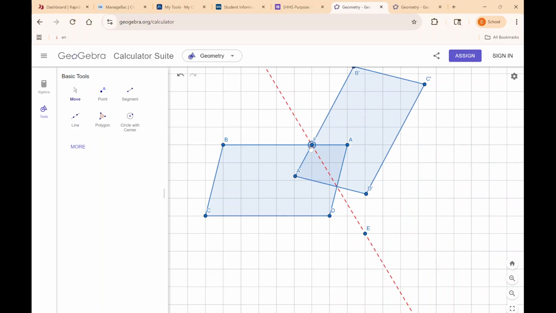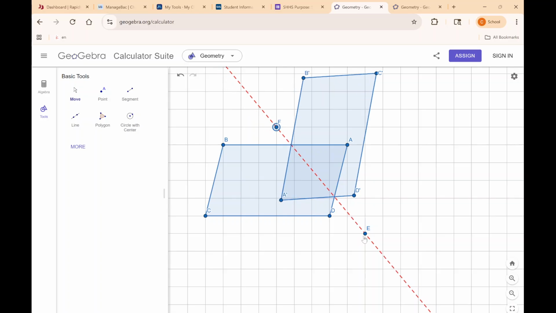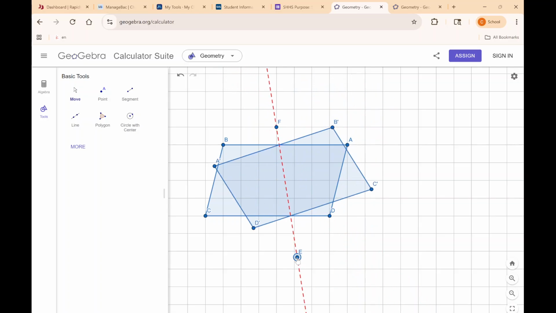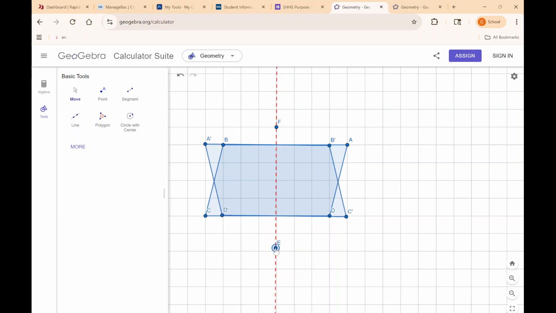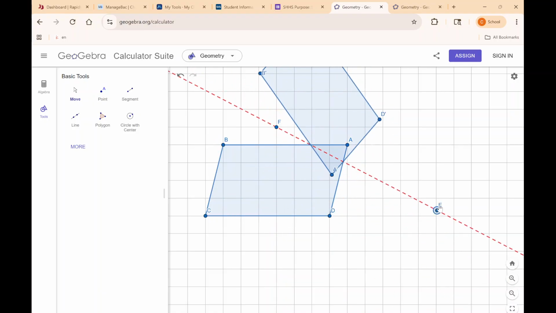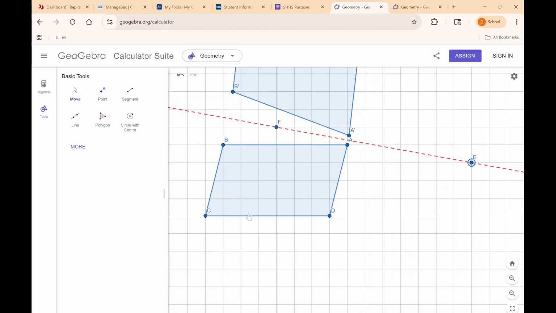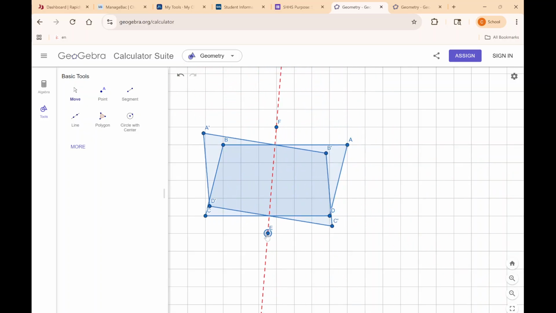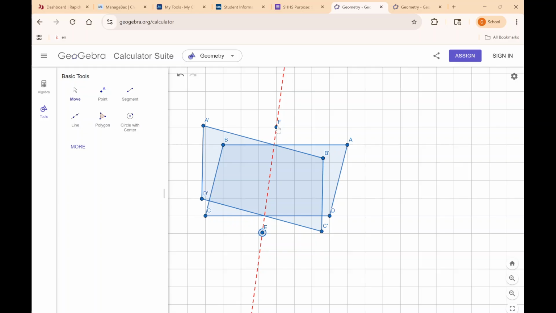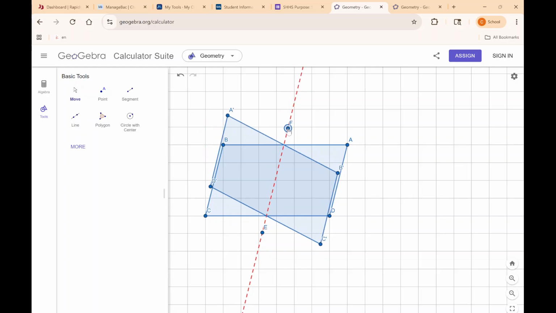Vertical, let's see. We go right. Vertical is also not going to work. Okay, but what if we did a slant, like a line going this way? Let's see if that'll work. Get it lined up. Nope, that doesn't work either.